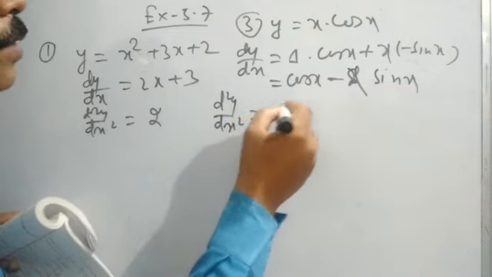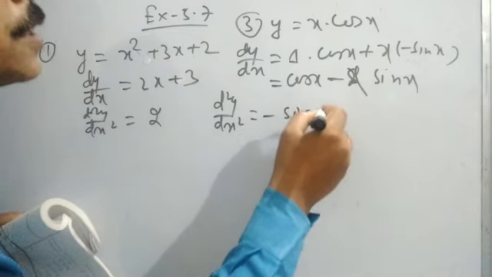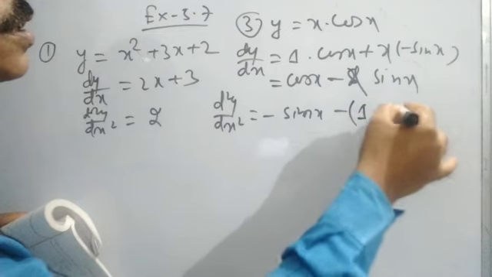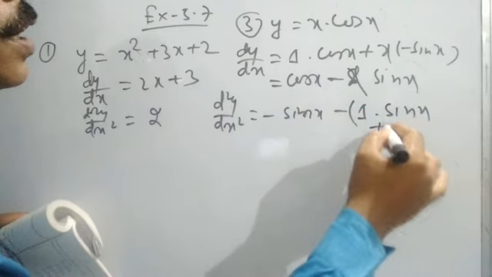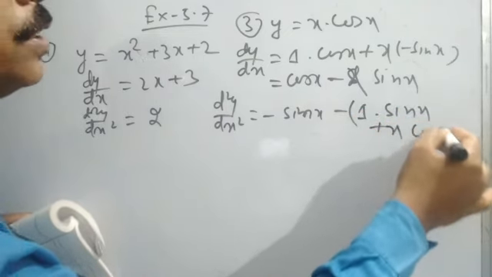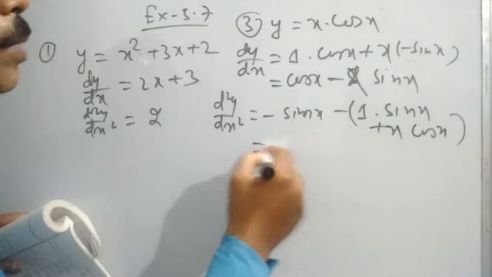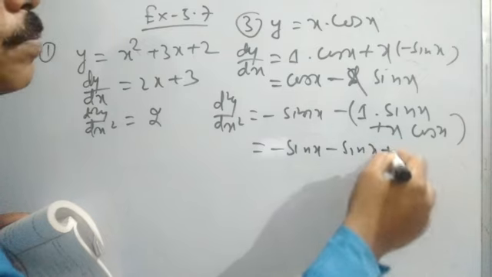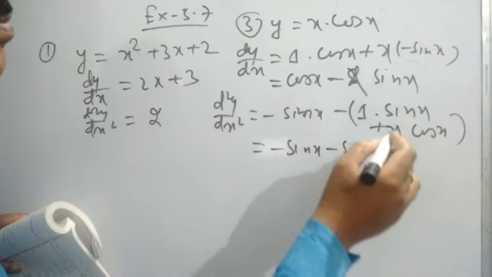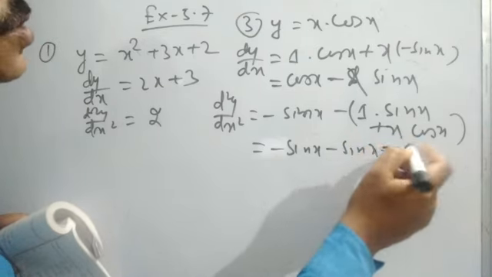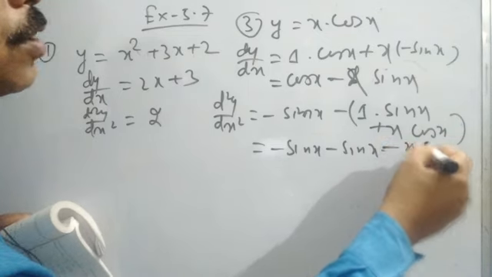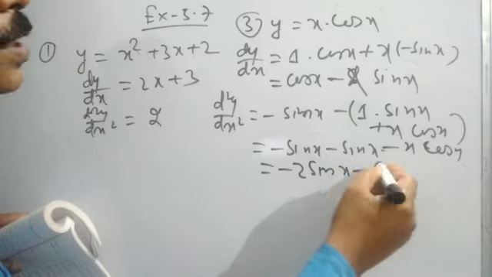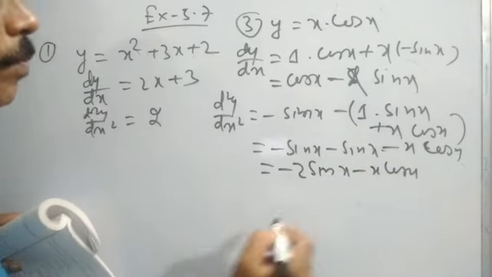Cos x derivative again minus sin x, again product: 1 into sin x, x constant, plus x into derivative of sin x, cos x. It will be minus sin x minus sin x minus x cos x, so minus 2 sin x minus x cos x.